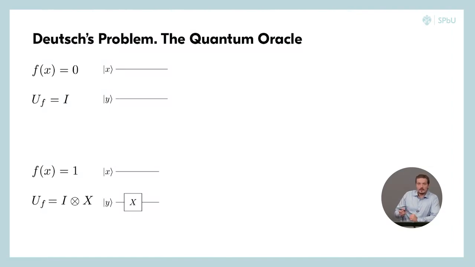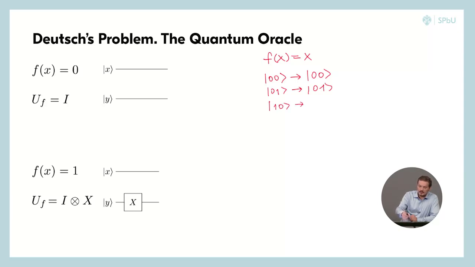Well, let's continue with the balanced functions. F of x equals x. Now we are going to consider different vectors. Now 0, 0 maps to 0, 0. 0, 1 maps to, again, 0, 1. 1, 0.